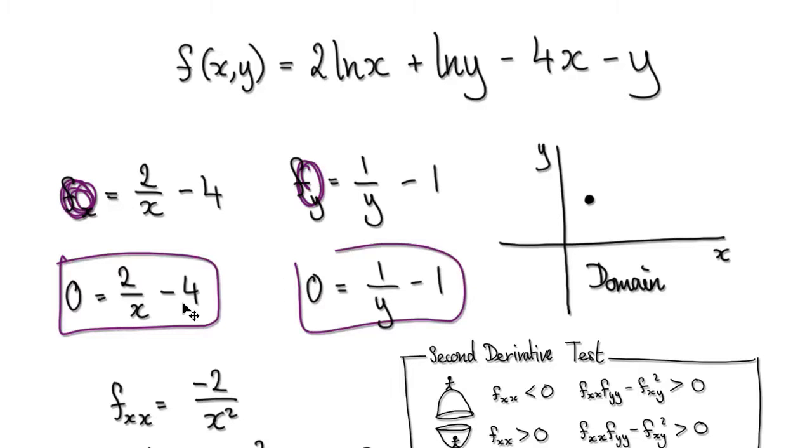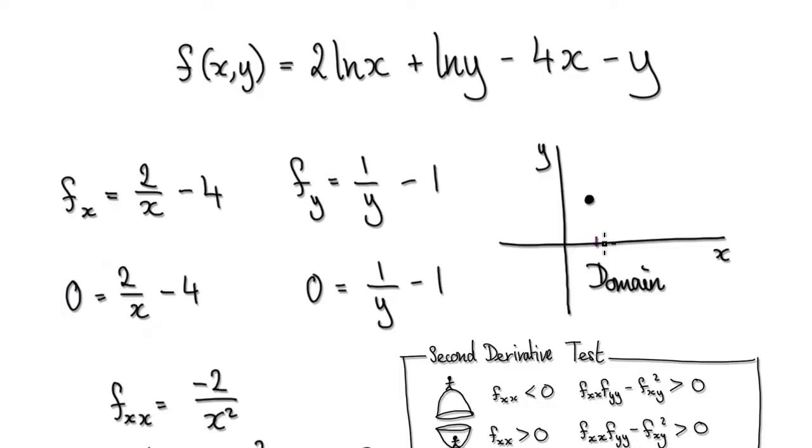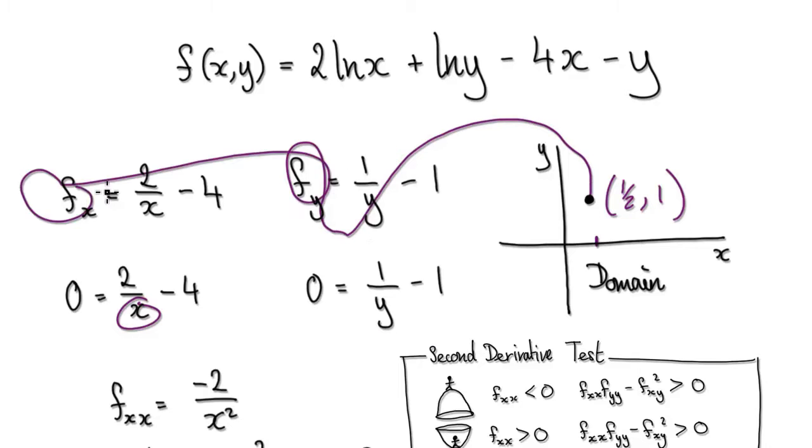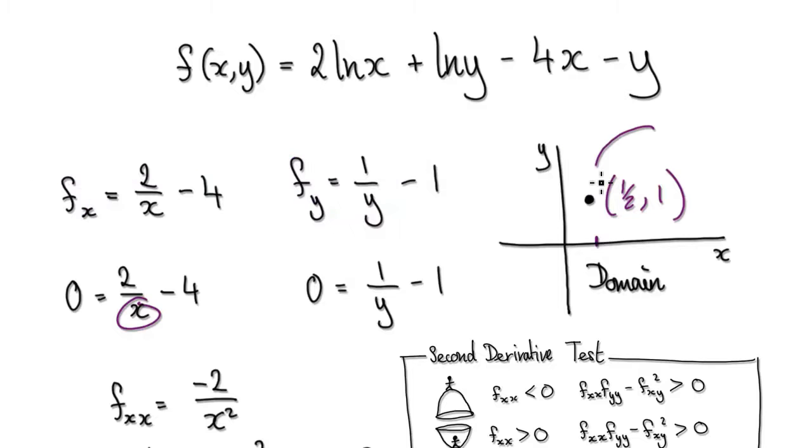As it turns out, at x equals a half, if you put in the point (a half, 1), then at this point both of these would be 0 simultaneously. So we should be looking at this point here.